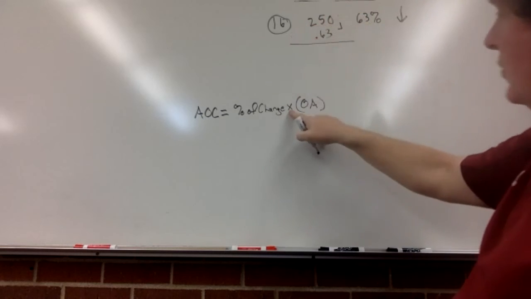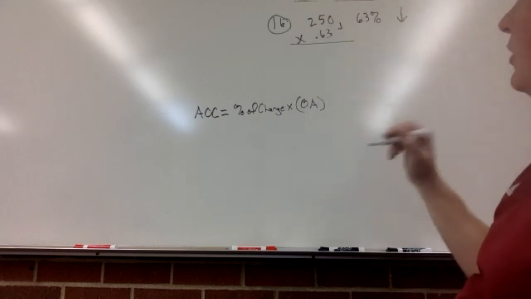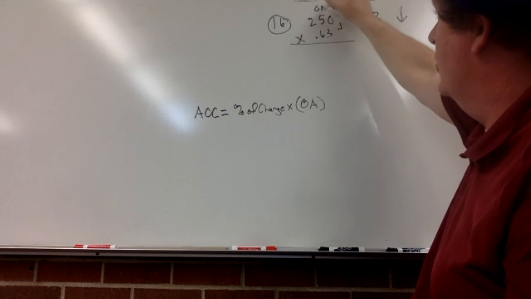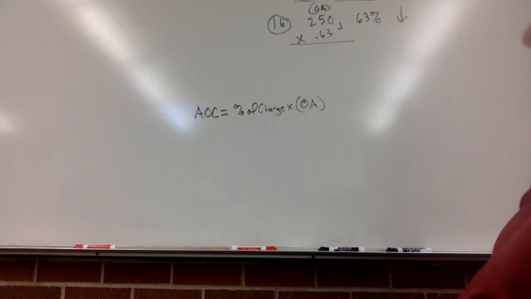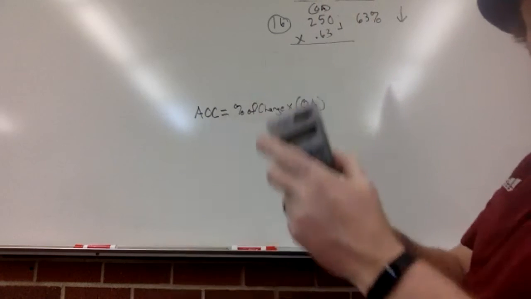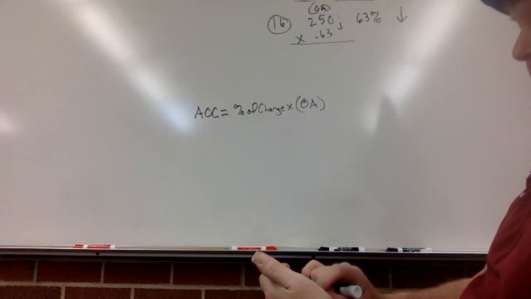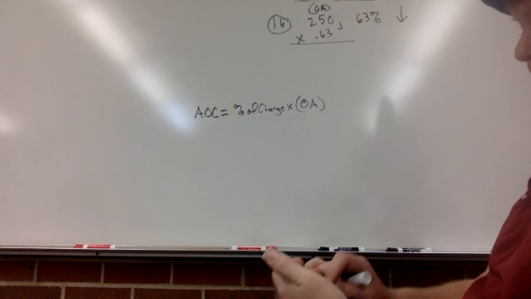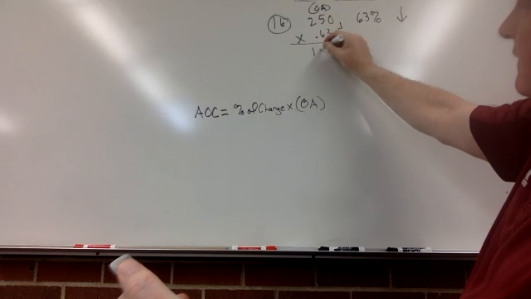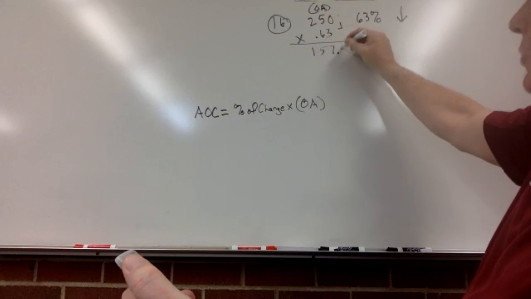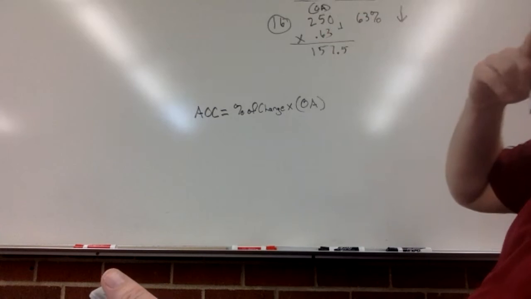Then we're going to multiply that times 250, which is the original amount. Okay. So, got my calculator here again. 250 times 0.63. And I get a whopping 157.5. So that is the amount of change.